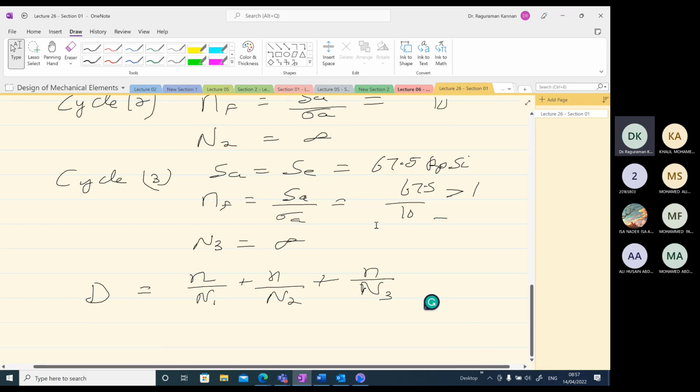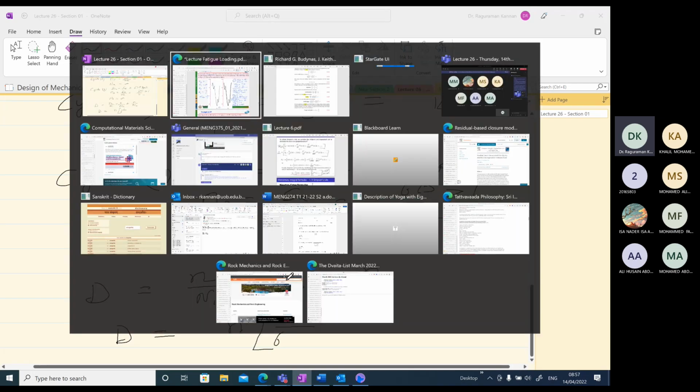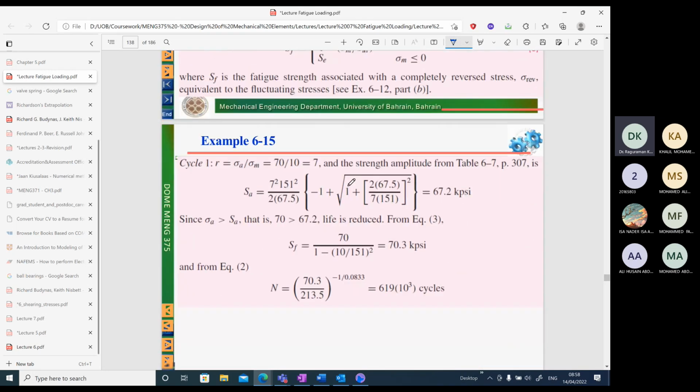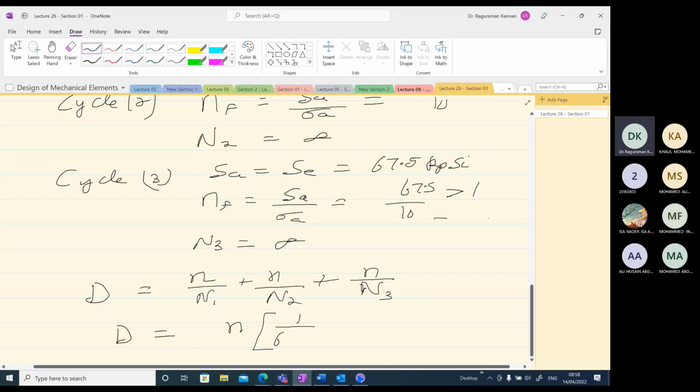We have already figured out what is N1, N2, N3. Take n commonly out, right? That's 1 over N1, if you recall from the calculation, 619,000 cycles. N2 is infinity, N3 is infinity.